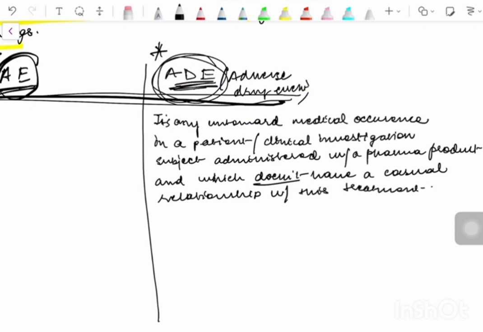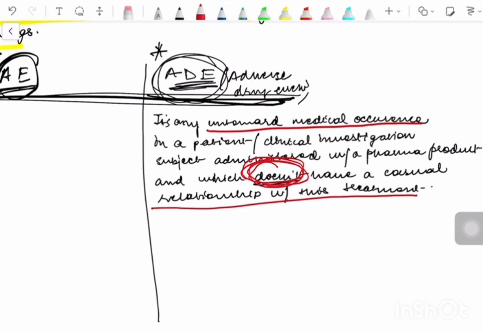So this is the FDA definition of adverse drug event. They say that it is any untoward medical occurrence in a patient or a clinical investigation subject which was administered with a pharmaceutical product and which does not have a causal relationship with this treatment. So this is what happens in adverse event.